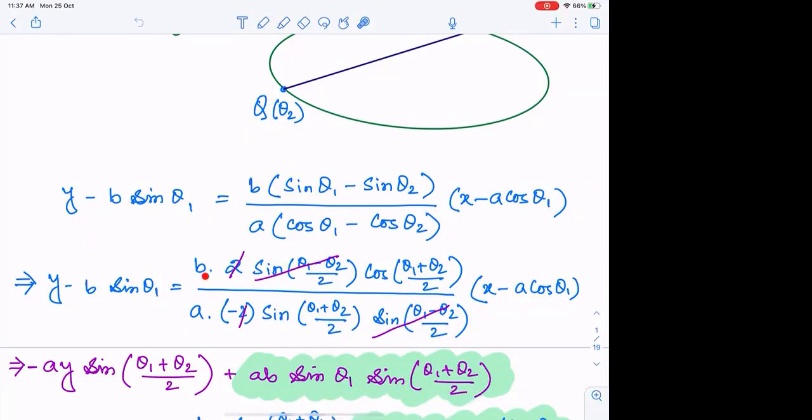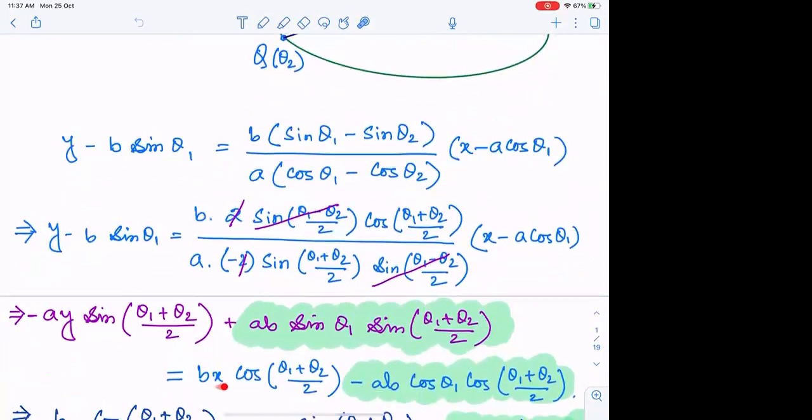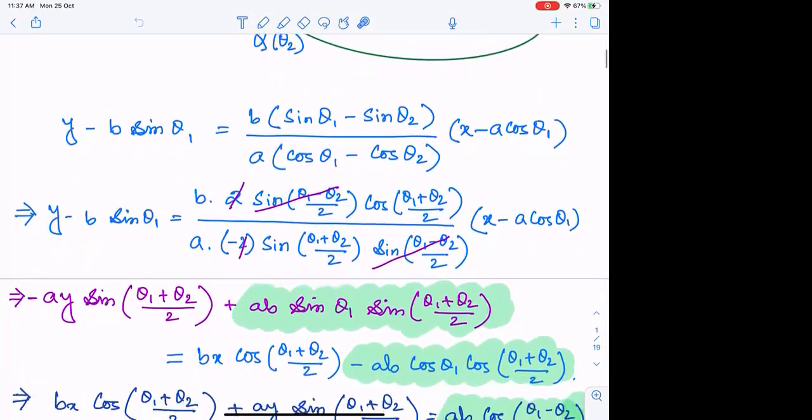Whereas on the other side, this b cos of theta 1 plus theta 2 by 2 will be multiplied with x minus a cos theta 1. So from here we have got bx cos of theta 1 plus theta 2 by 2 minus ab cos theta 1 cos of theta 1 plus theta 2 by 2.